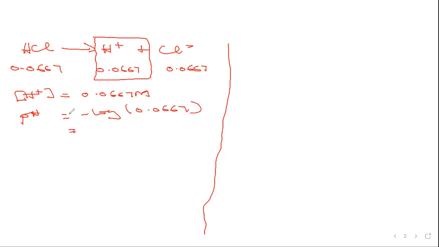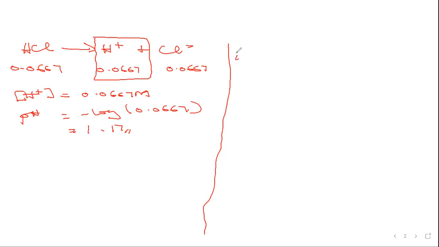And so therefore, taking negative log of 0.0667, we are going to have 1.17 as our pH. So this is the calculation for after addition of 5 mils.